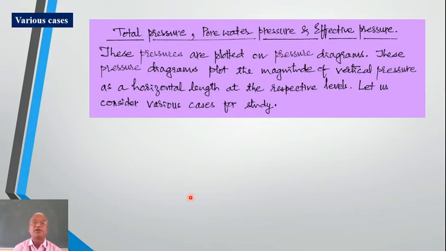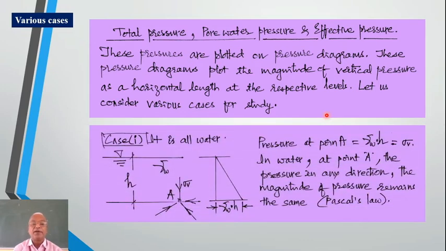These pressures are plotted on pressure diagrams. These pressure diagrams plot the magnitude of vertical pressure as a horizontal length at respective levels. Let us consider various cases for study. So what is meant by pressure diagrams, we have told you. Anyway, when we take a case like this, then you will understand.